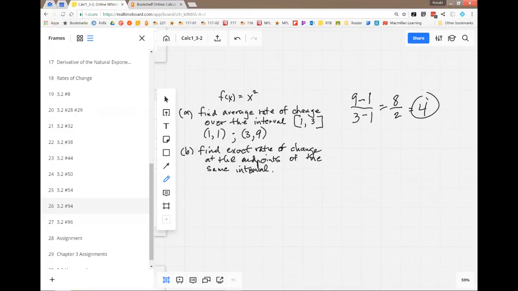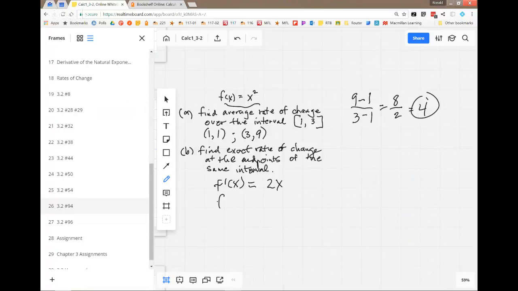Now, the second part says find the exact rate of change at the endpoints. Well, we need to find f prime of x. So here we need to use our derivative. What's the derivative of x squared? Power rule, 2 times x to the first. Okay.